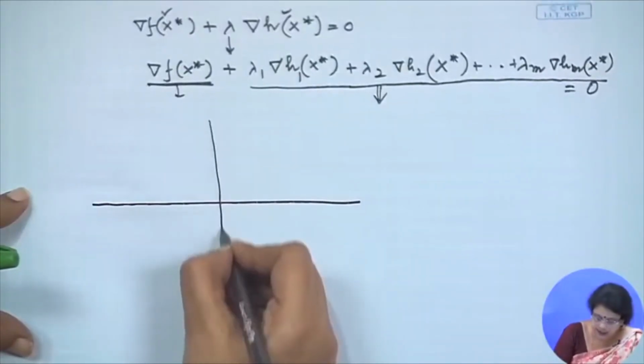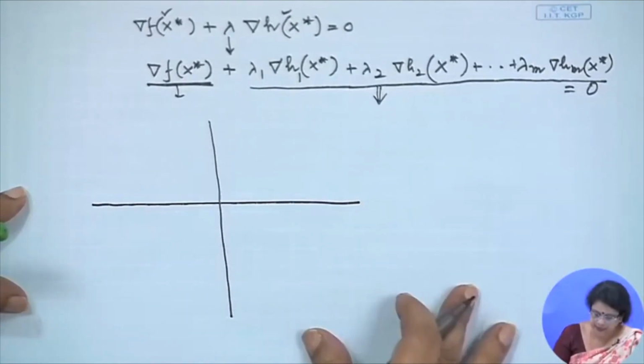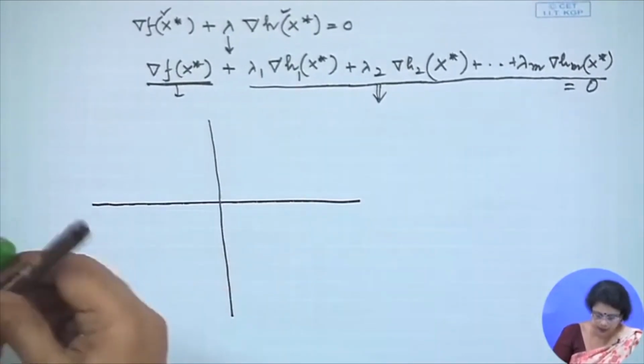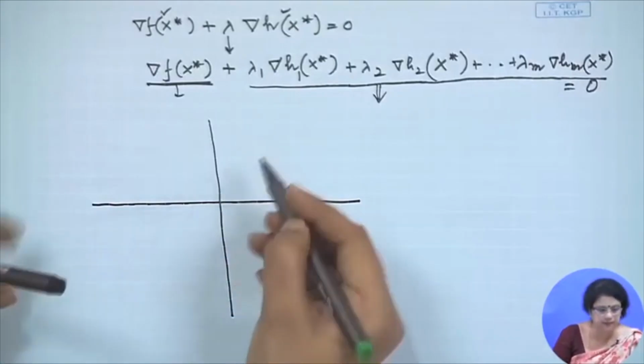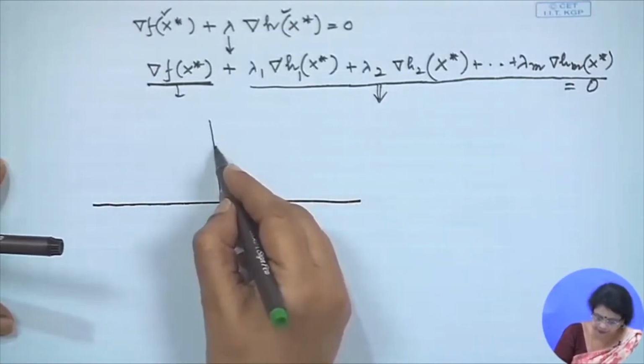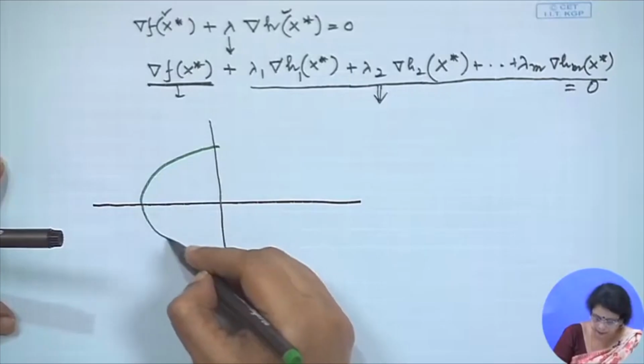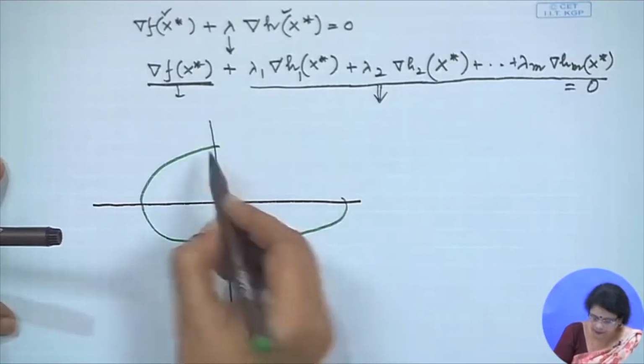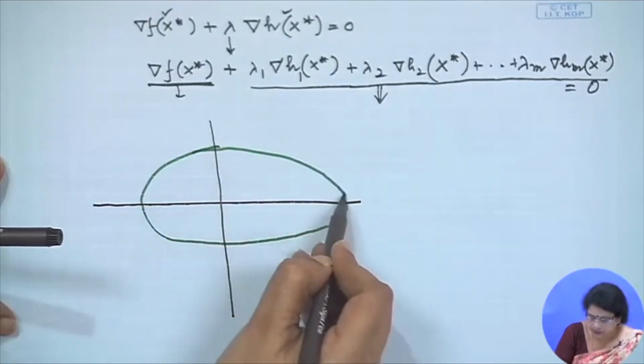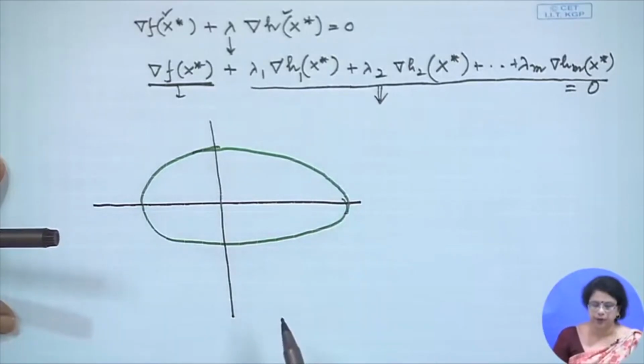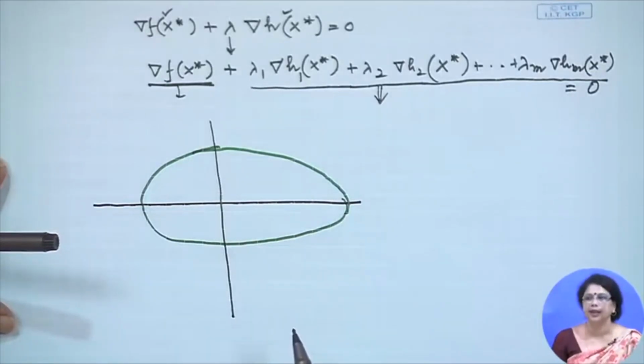Now, this is the x and y space. If we consider the ellipse, the drawing is not good enough, but this is the ellipse.